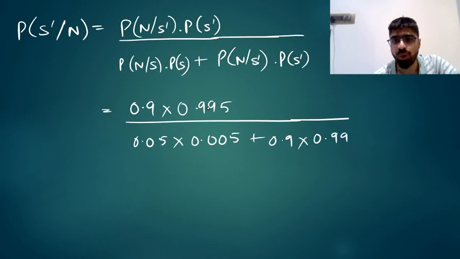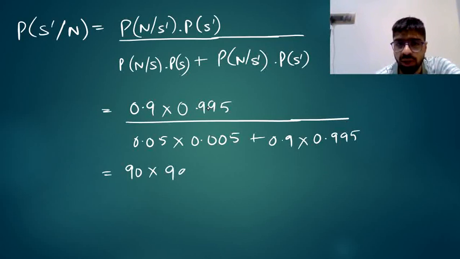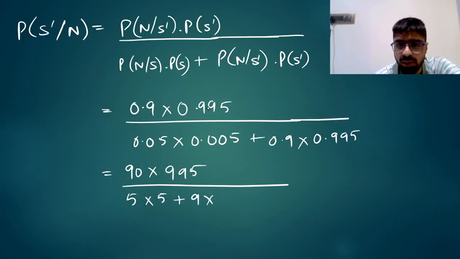So 0.9 into 0.995. Again, multiply the numerator and denominator by 10 power 5, which is 1 lakh. So that will be 9 into 995 in the numerator, divided by 5 into 5 plus 9 into 90 into 995.